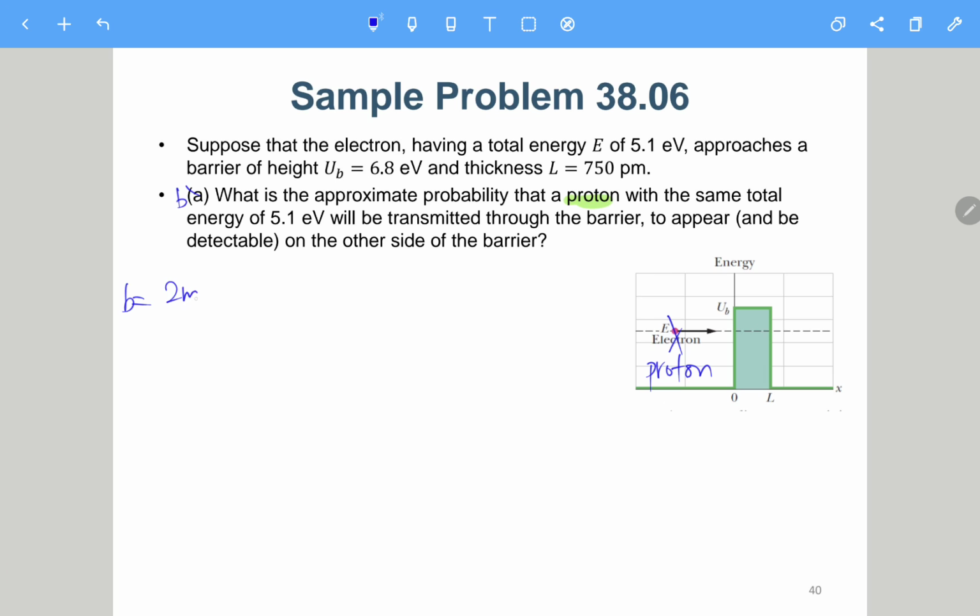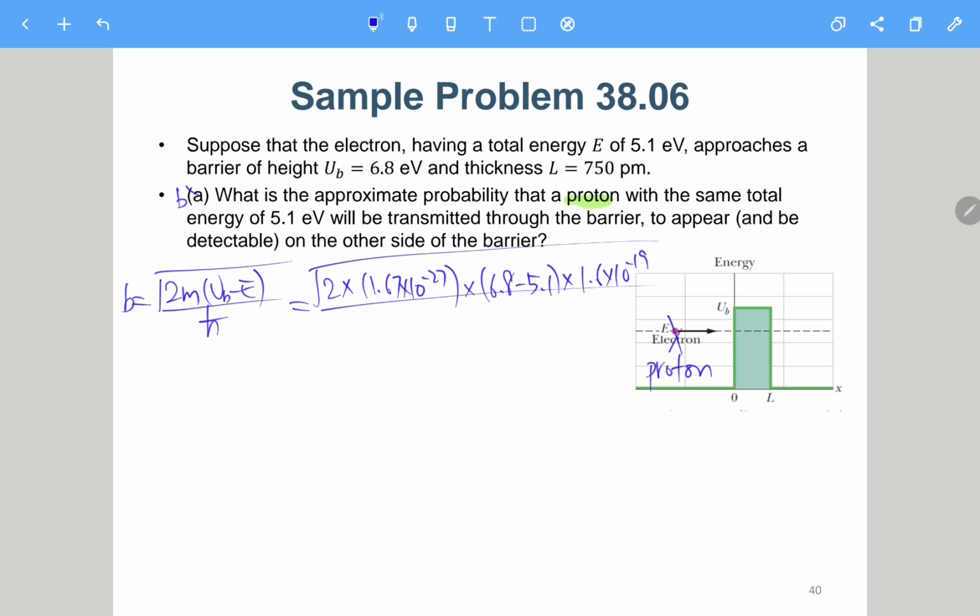This is the square root of 2m (UB minus E), over h bar. So this is 2 times the mass of a proton, which is much heavier than the electron, 1.67 times 10 to minus 27, times still 6.8 minus 5.1, multiplied by 1.6 times 10 to minus 19, and then the square root of the whole term all over the reduced Planck constant, 6.63 times 10 to minus 34 over 2 pi.